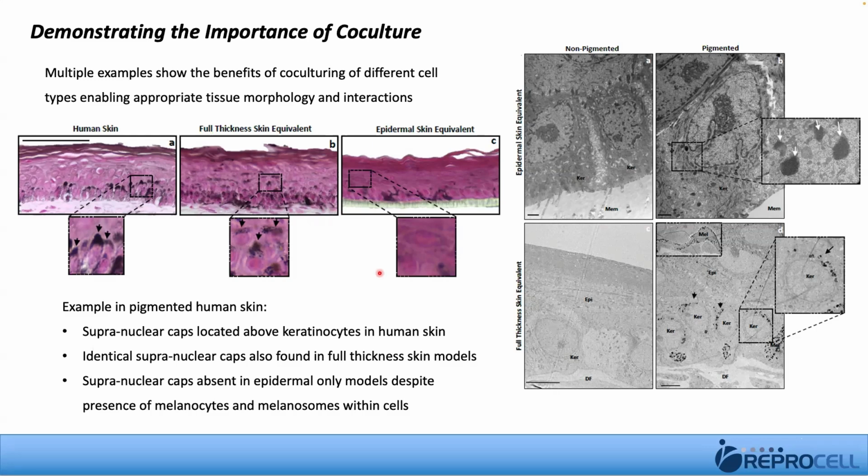And that demonstrates nicely that there must be some interaction between the dermis and the epidermis in order for the correct anatomy of the epidermis to form, which is not surprising, and one would expect that to happen, as certainly different cell populations signal to each other.